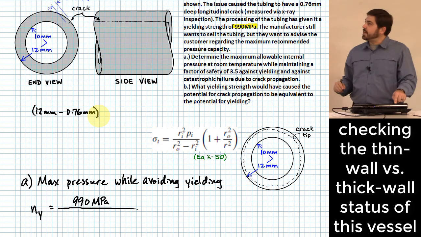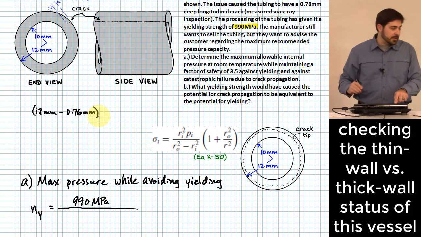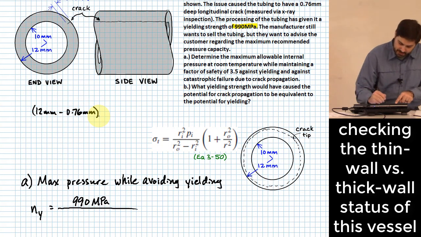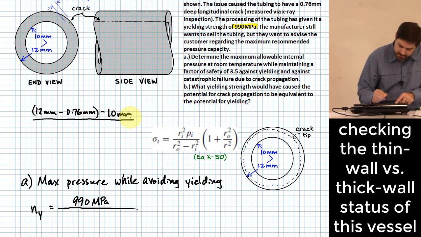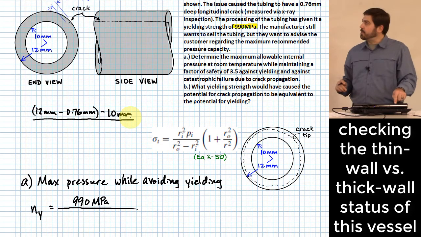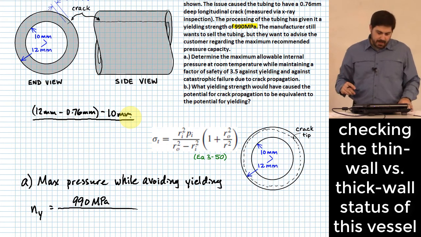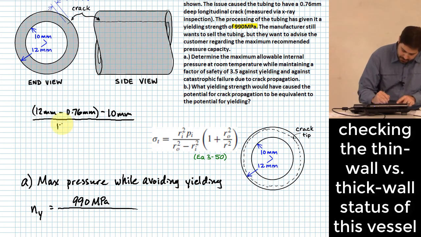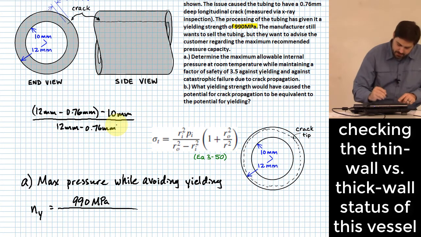And then the wall thickness I get by taking that and doing what with it? Subtracting 10 millimeters. And then all this gets divided by the radius of the thing, okay? And so for that, I might do a 12 millimeters minus 0.76 millimeters for that parameter.